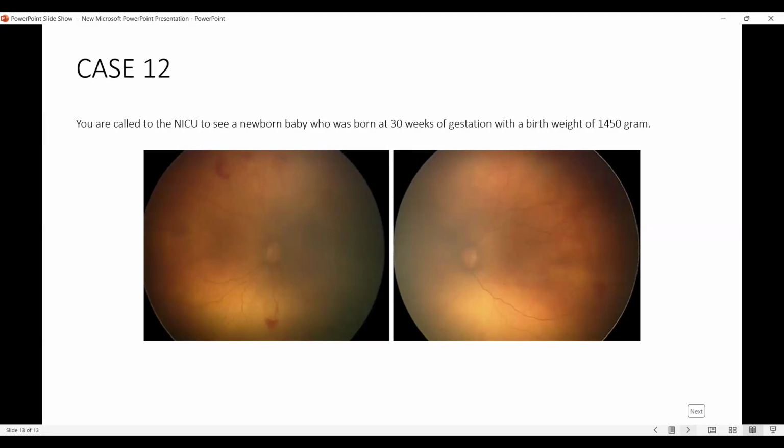In the mid periphery, however, there are pre-retinal hemorrhages, and the peripheral retina does not show the proper vascular pattern. There are significant avascular areas in both eyes, with abnormal vessels at the junction of vascular and avascular retina.